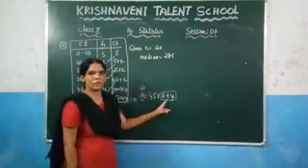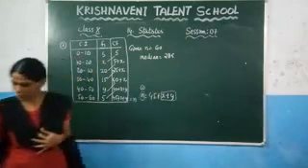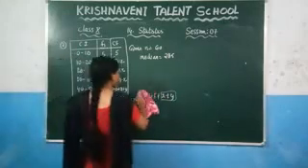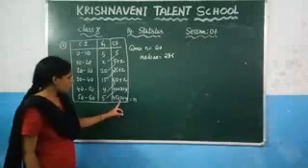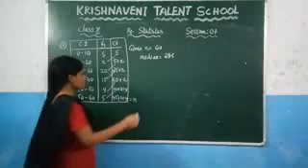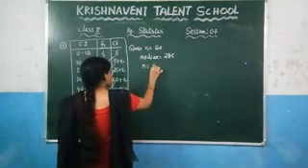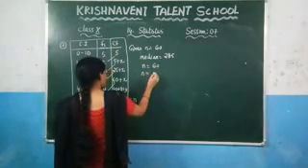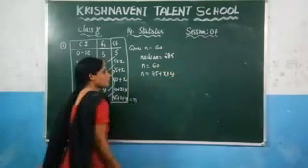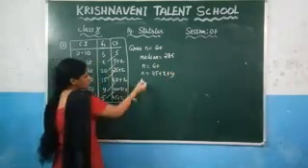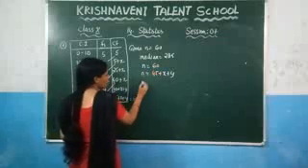Now you need to find the value of x and y. Here the n value is 60, and we got n is equal to 45 plus x plus y. Since these are equal, you can equate these values.